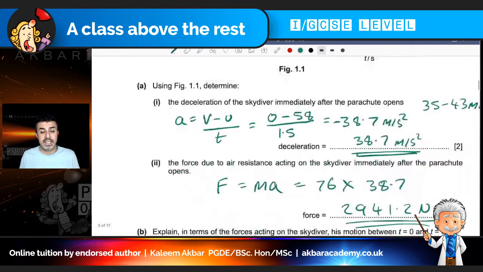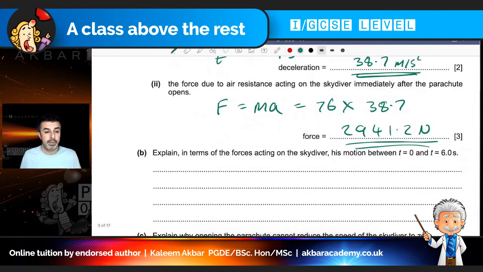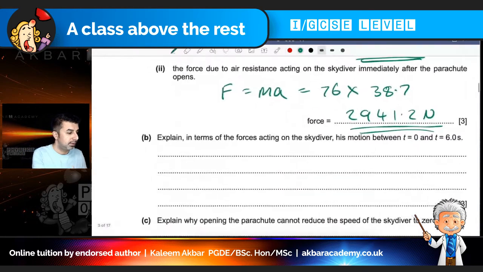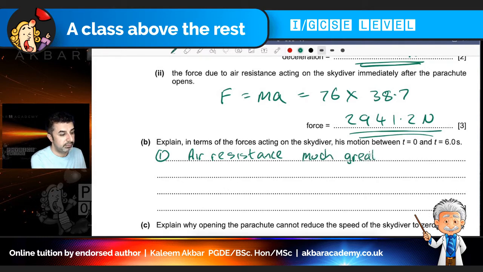You know what? For the sake of this question, I will stick in those numbers, although you don't have to. But basically, number 1, air resistance much greater than weight.